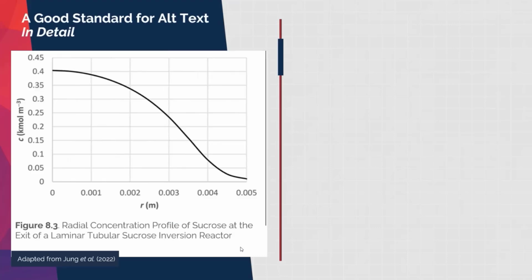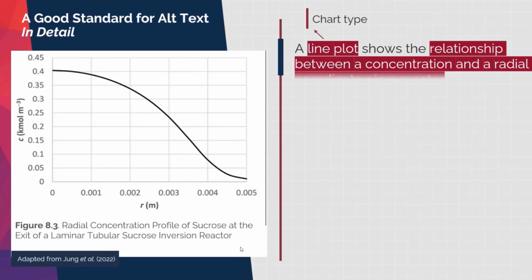What are the actual steps to producing this in detail? I took a figure from CHME, figure 8.3, and I adapted some of the advice from Jung et al. to sort of have a nice clear road that you can provide to a subject matter expert or that you could do yourself. We start off with the chart type.